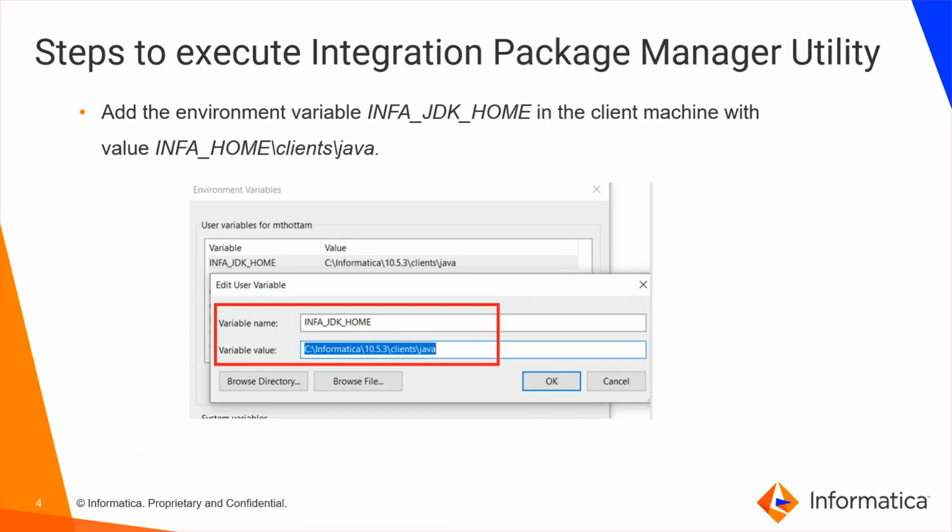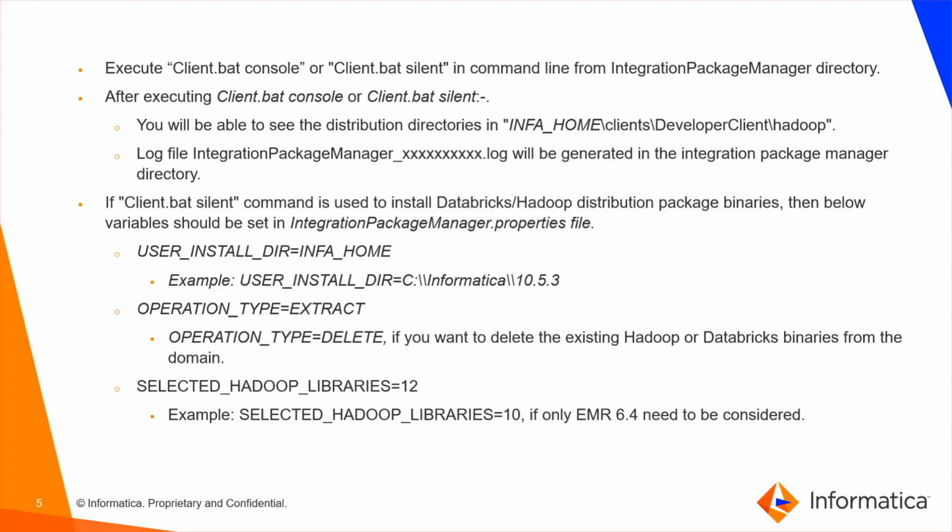Now let us see the steps to execute Integration Package Manager utility. Add the environment variable INFA_JDK_HOME in the client machine with value <INFA_HOME>/clients/java. Execute client.bat console or client.bat silent in command line from Integration Package Manager directory.